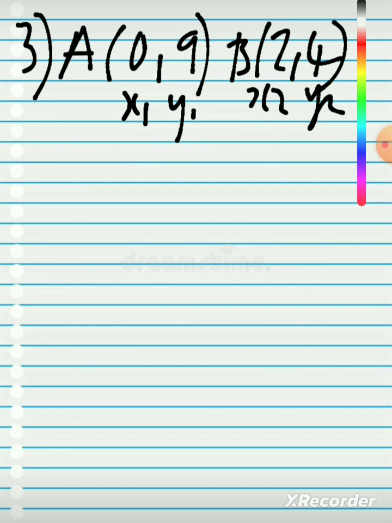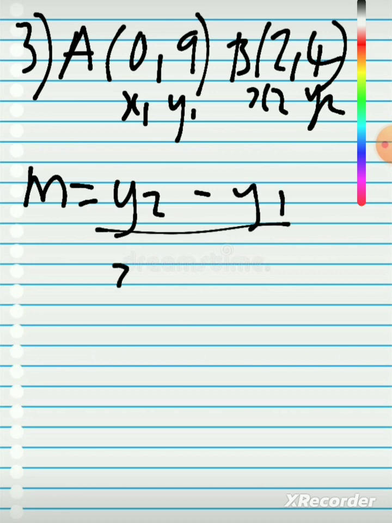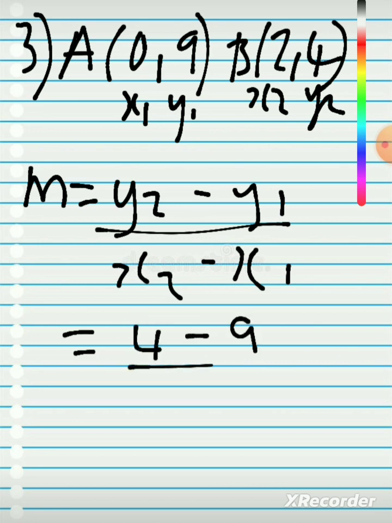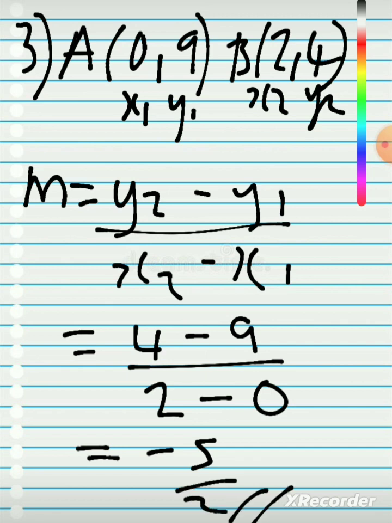Gradient is represented by m and is given by y2 minus y1 over x2 minus x1. So y2 is 4 minus y1 is 9, x2 is 2 minus x1 is 0. So 4 minus 9 is negative 5, 2 minus 0 is 2. So this is the gradient.